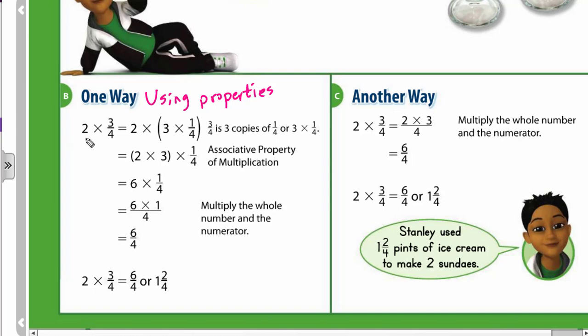So here, 2 multiplied by 3/4. 3/4, as you know, we can write it as 3 times 1/4. Why? Because we are repeating the 1/4 unit fraction 3 times. It's right in here that 3/4 is 3 copies of 1/4.